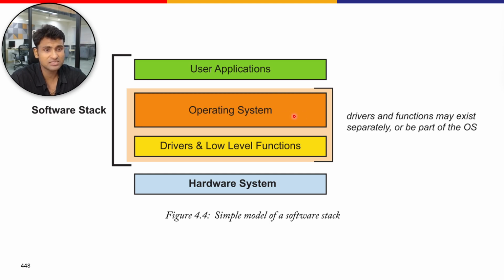The OS manages the execution of user applications, handles scheduling of tasks, memory management, input-output operations and other system tasks. It also provides a standardized interface like system calls or APIs that user applications can use to perform tasks without directly managing hardware, which ensures stability and security.